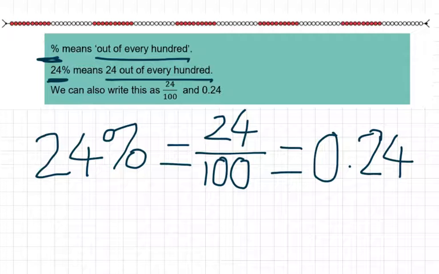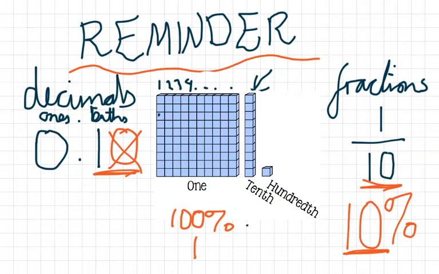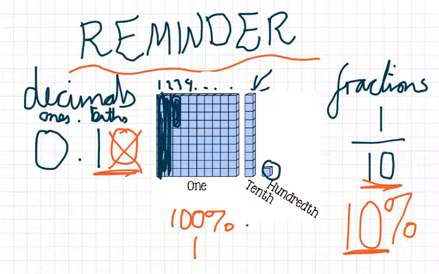All of these have the same value, and in my 100 square it would be 2 of these whole tenths and 4 of these hundredths, so it would take me up to there. So that is 0.24 or 24 over 100 or 24%. They are all equivalent.